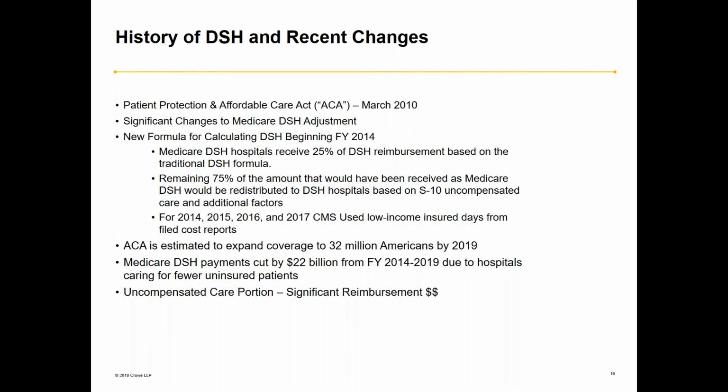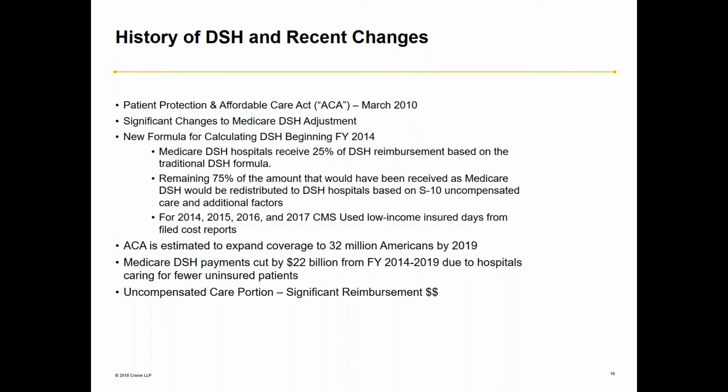So basically that traditional DSH payment that you had received was cut by 75%. Say you received $5 million of DSH payments traditionally, that payment would be decreased by 75% and you'd be receiving 25% of that amount.